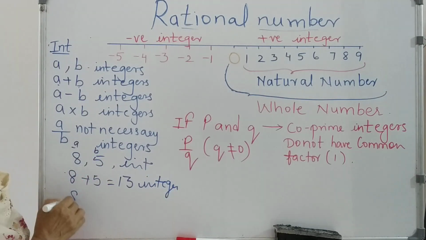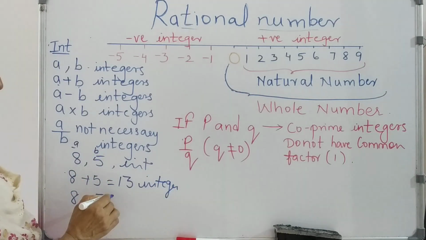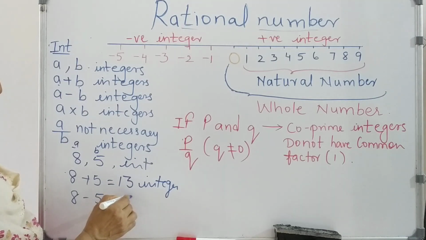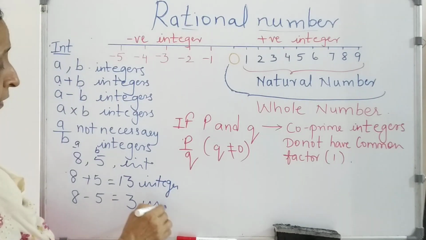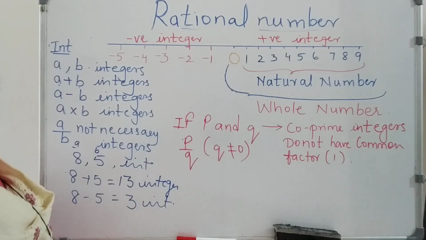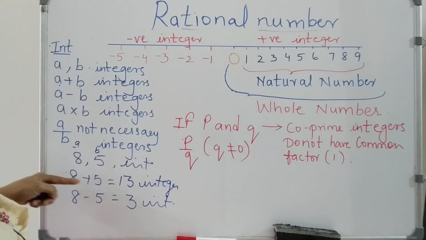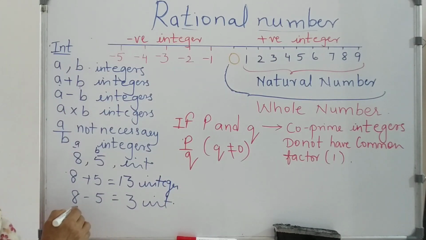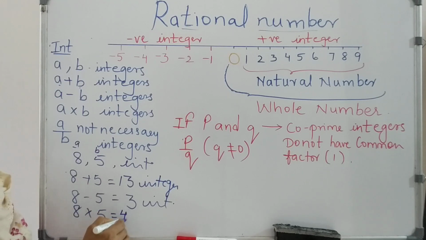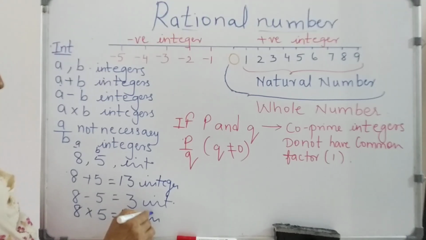A minus B, 8 minus 5 is 3. Now this is also an integer. Now multiplication, 8 into 5 is equal to 40. That is also an integer.